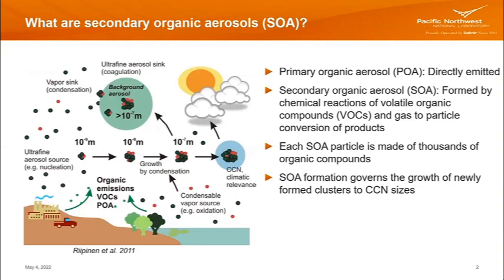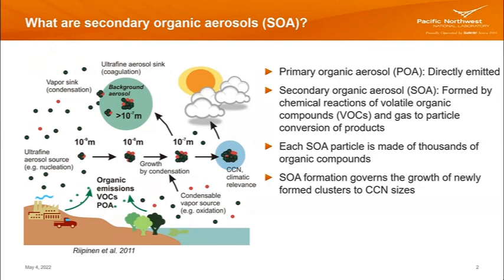So this is just a very general slide about why do we want to study secondary organic aerosols and what are they. So mostly, the way we distinguish, we have primary organic aerosols, which are directly emitted from various sources. It could be vehicles, it could be power plants, so these are directly emitted organic species in the particle phase.